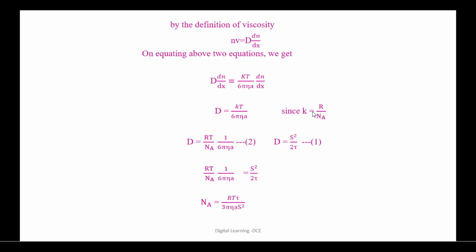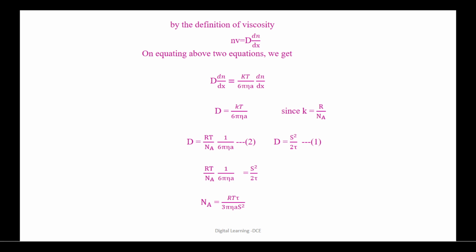Then k is the ratio of the universal gas constant R to Avogadro's number. On substituting the k value, we get d is equal to RT divided by Na into 1 divided by 6 pi eta a.